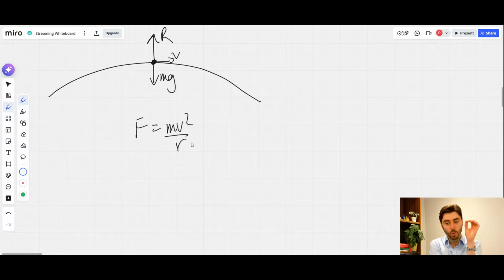And the question you always ask yourself in circular motion is, what is this resultant force? Because this F in F equals mv squared over r is a resultant force acting towards the center of the circle. In this case, knowing that the center of the circle is downwards, that will be my positive direction, my resultant force is going to be mg minus R.